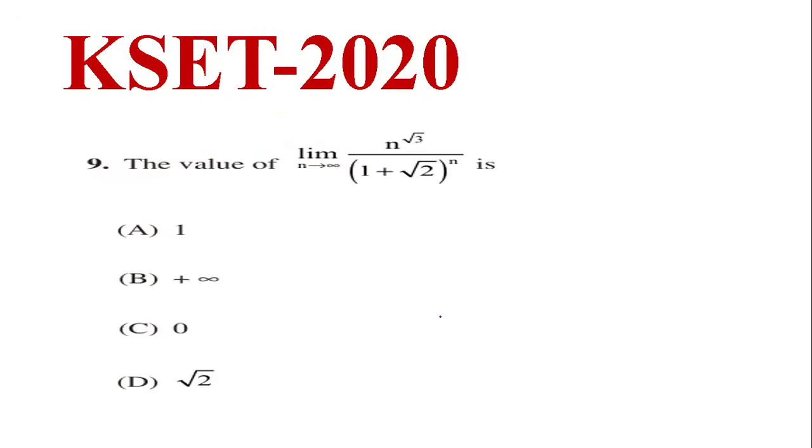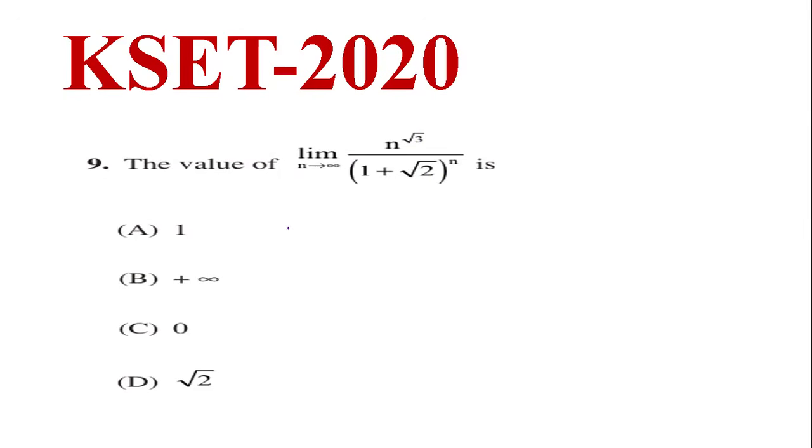Next, KSET 2020 question: the value of the limit as n tends to infinity of n^(√3) divided by (1+√2)^n is.